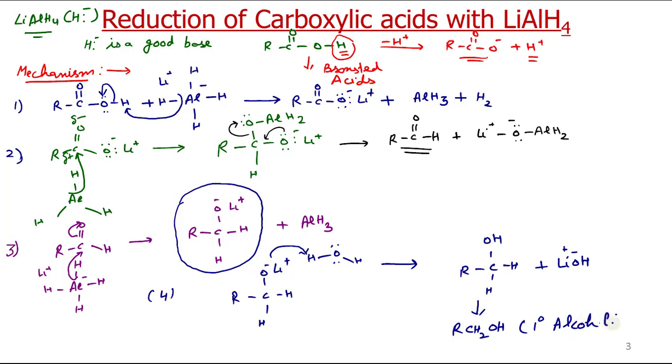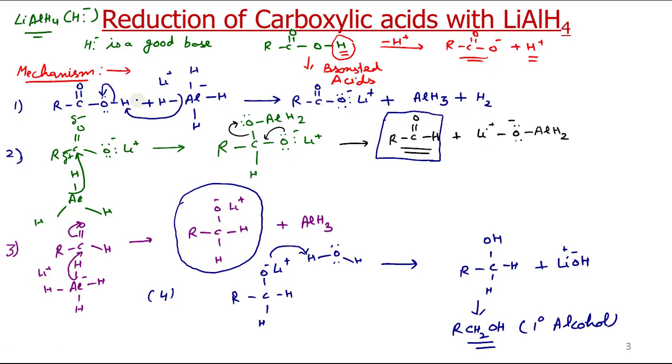So here you can see that in the reduction of carboxylic acids, the aldehydes are produced as intermediates which are further reduced to primary alcohol. So the product is primary alcohol. So this is the mechanism. It is quite easy. It is exactly similar. The only difference is the first step, as these protons are acidic and H negative is basic.